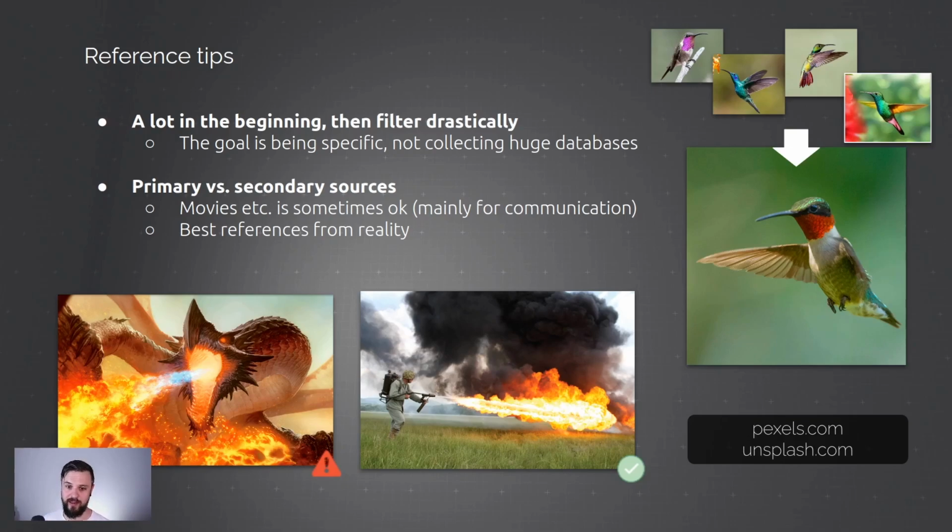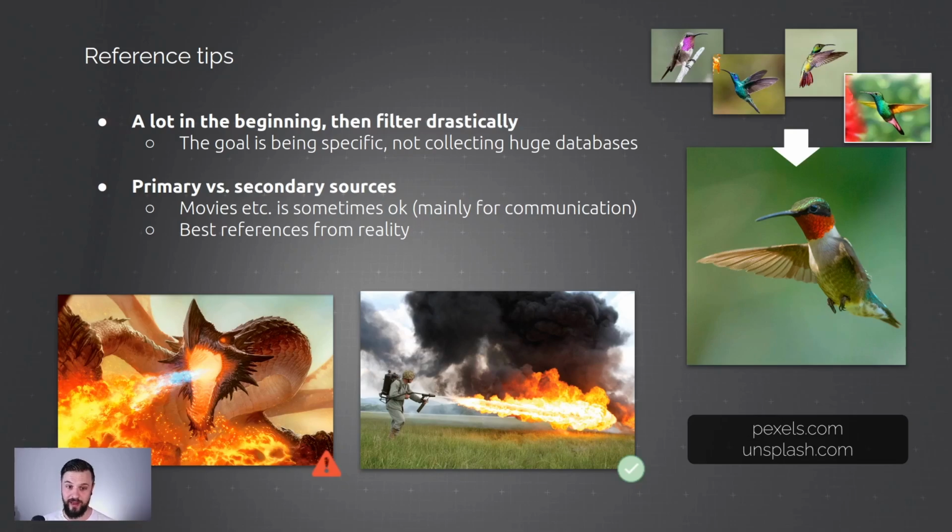Nobody wants to see something that they have seen 10 times before. They want it to be somewhat unique, and it also makes it more believable if your reference is actually from reality, obviously. Let's say you wanted to create the fire from a dragon, and unless your client already gives you a reference, I would always think about, okay, what is the closest to that in reality?